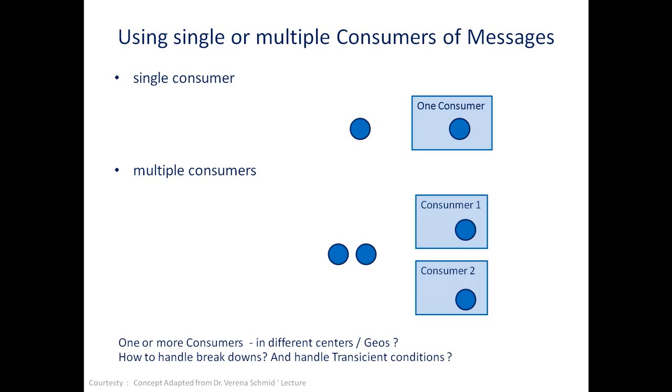So this can be very useful, especially in terms of handling breakdowns in the consumer and also, say, overcoming network related issues between the queue and consumers. You could have it possibly in different geos, and again there are different tactics you can adopt in consumption also.